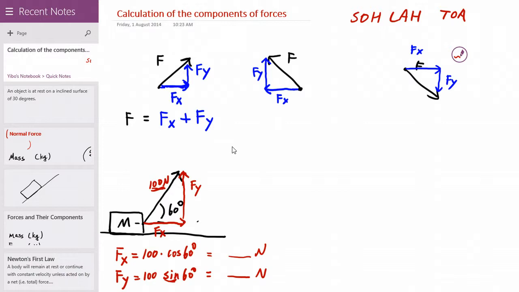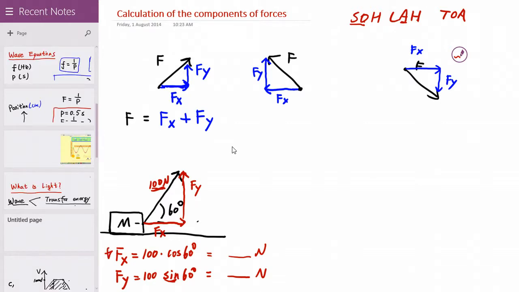Just remember, sine for the opposite component, hypotenuse times sine of the angle. For the adjacent, hypotenuse times cosine. For the tangent, you need to use your trigonometry rules to find it. But just remember these two shortcuts. It helps.